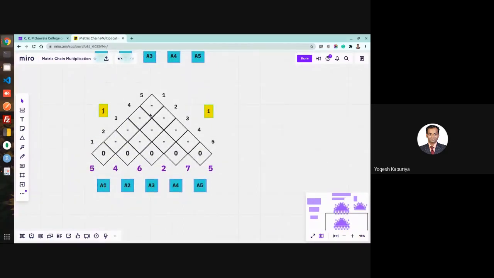Okay, so now since we are done with the base condition, let's put the values in this particular cell, that means a level up.